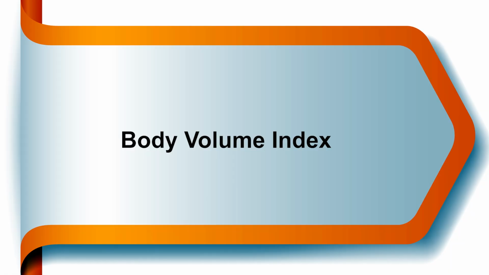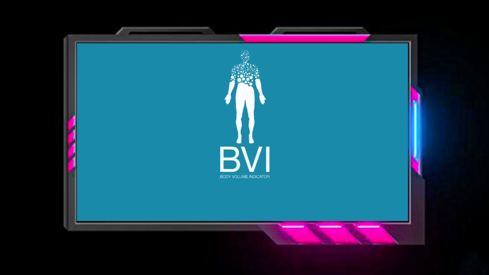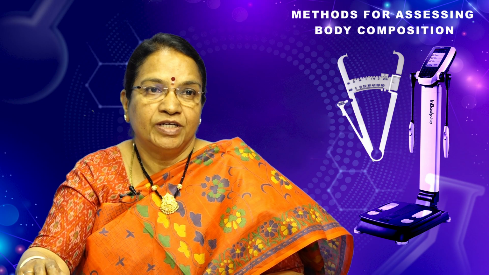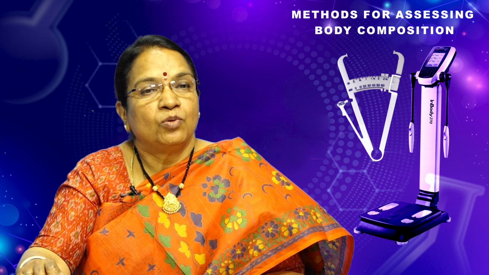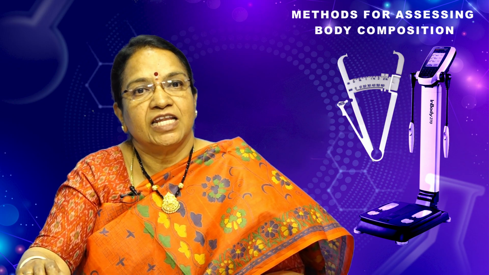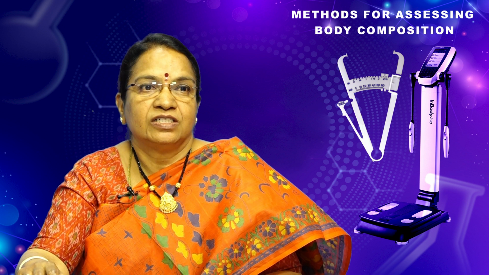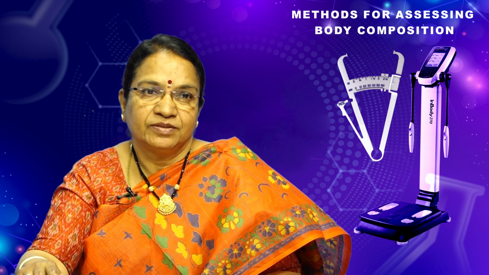Then we have another method called the body volume index. This is a technique which is used to measure body shape. Initially, body volume index technology employed white light scanning machines to measure an individual's body shape.